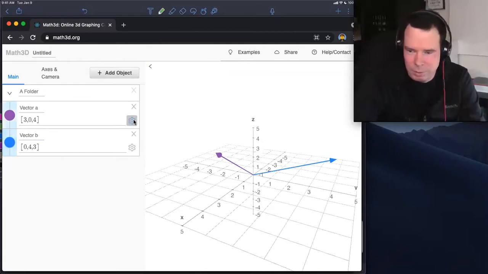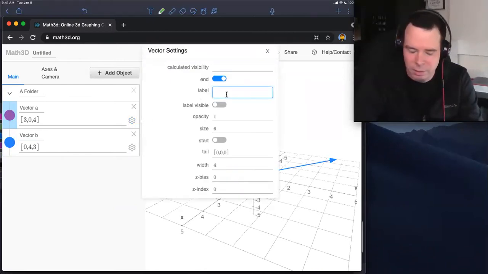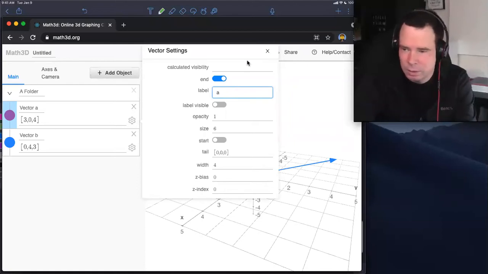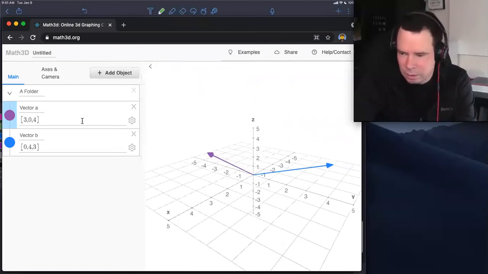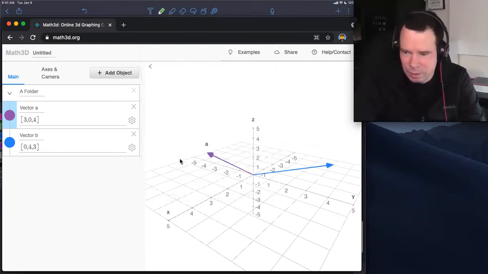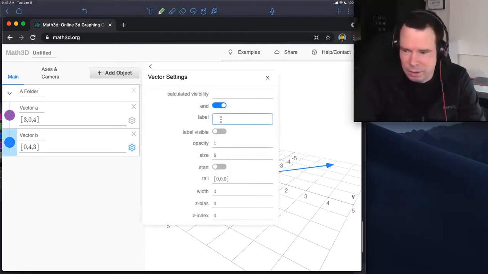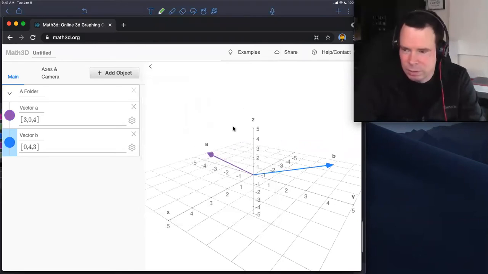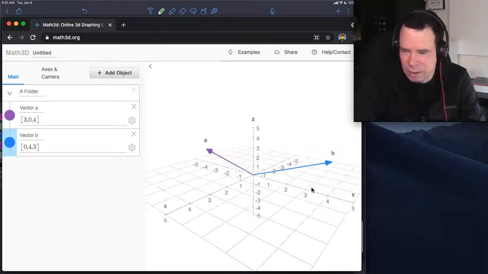If we wanted to label them too, you can go under the gear icon. You could label it. I could label this one A. And I think there's a show label. Label visible, yeah, I've got to click that on so that it shows the label. And there's the A, and then I could label B if I wanted to make sure I show the label and close it down. So now we can see the A and the B.